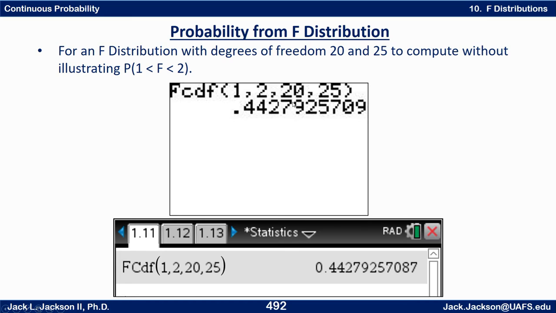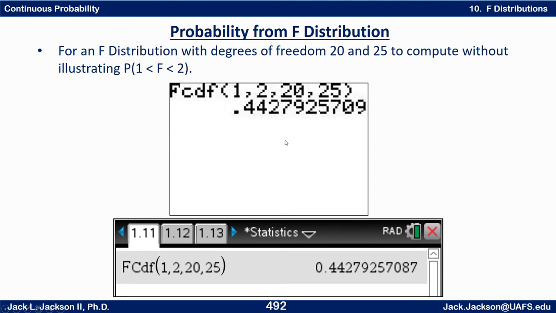For t and chi-square, that was one number, the degrees of freedom. For the normal, that was two numbers, a mean and a standard deviation. And for the F, it's two numbers. The first we call degrees of freedom of the numerator, the second degrees of freedom of the denominator. Either way, you just have to remember to put those in order, and boom, there is the probability.